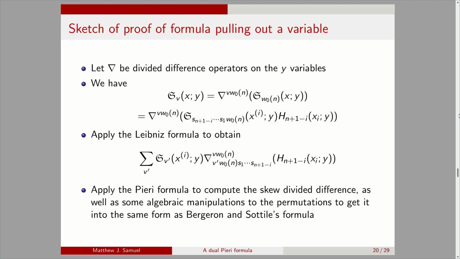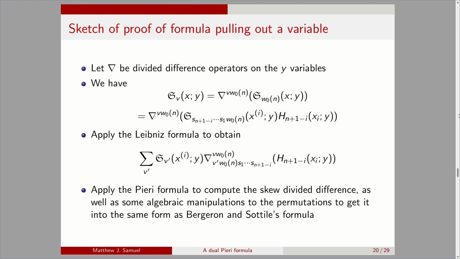So we can write S_V of x and y as nabla_{V W0n} applied to S_{W0n} of x and y. And we can easily pull out an h polynomial from S_{W0n}. W0n is a dominant permutation, so this is just the product of h polynomials as well as factorial elementary symmetric polynomials. So the double Schubert polynomial we get when we pull out x_i is written there.